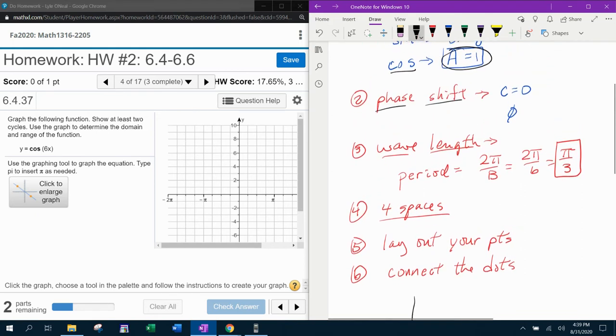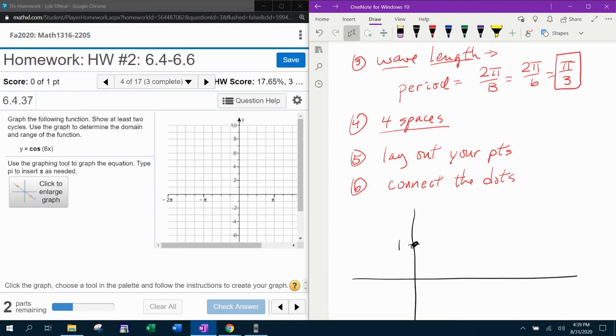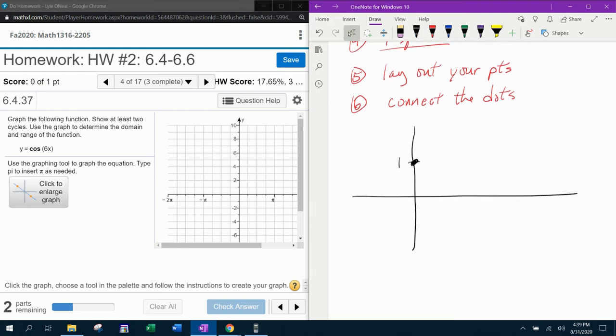But since we don't have a phase shift, this point is going to stay right where it is at 1. Step number 3, wavelength is pi over 3. Now, since I'm starting on the y-axis, I'm going to come over here and say, that looks about like pi over 3, okay? And then from start to finish, that's going to be a wavelength of pi over 3, okay?